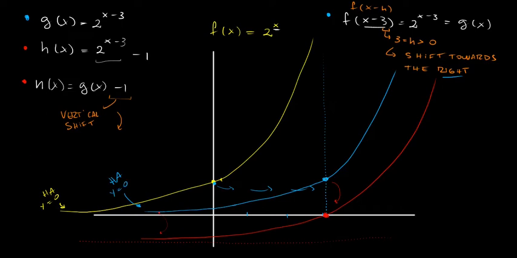But h had a vertical shift, so the horizontal asymptote is going to be moved. How many units? 1. So now the horizontal asymptote for h is going to be in y equals -1.